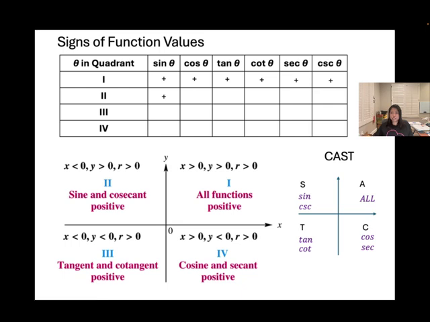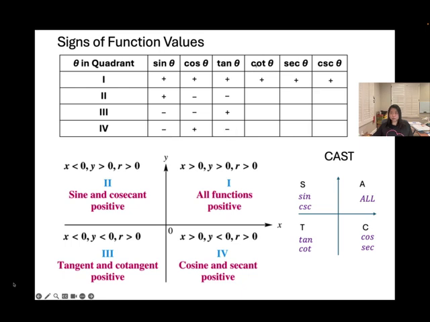Cosine and tangent in this quadrant will be negative. I will work on these three first. Then quadrant 3, only tangent will be positive, and other than that will be negative. Quadrant 4, only cosine is positive, so sine and tangent will be negative.